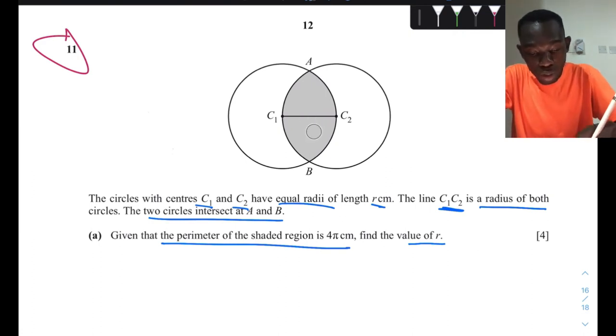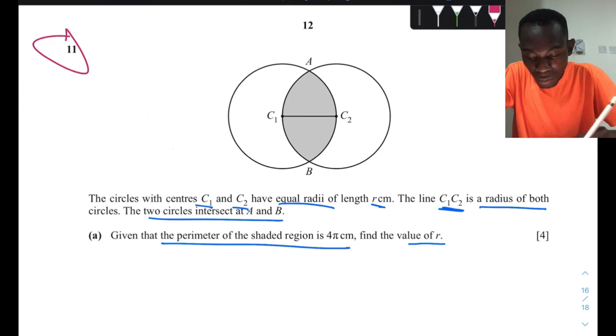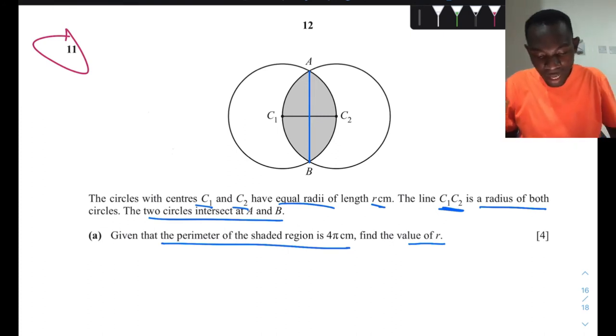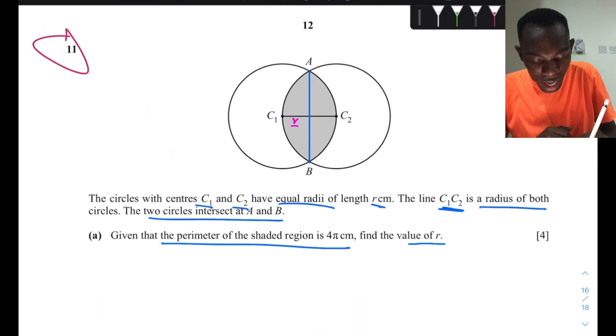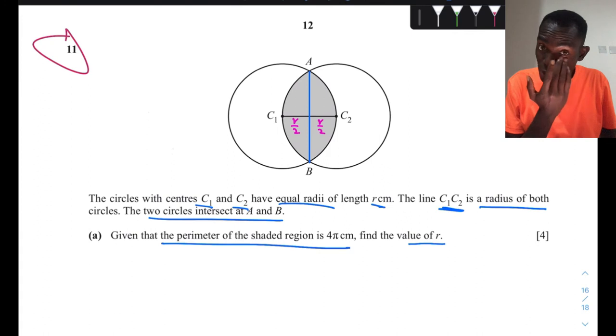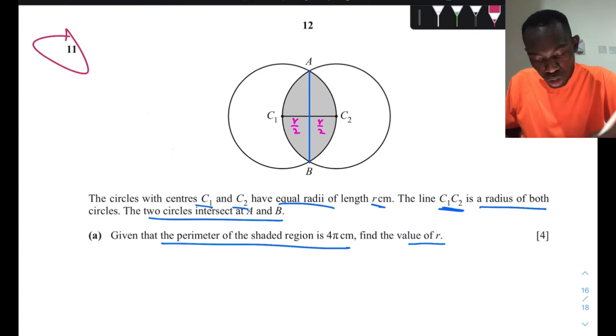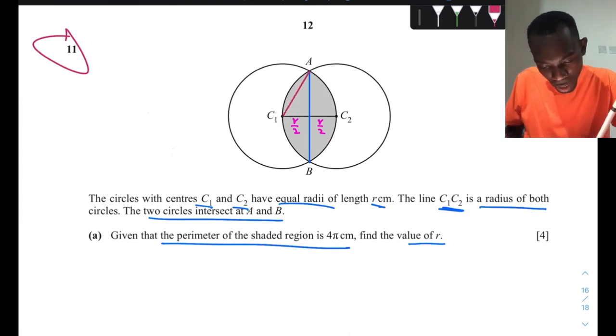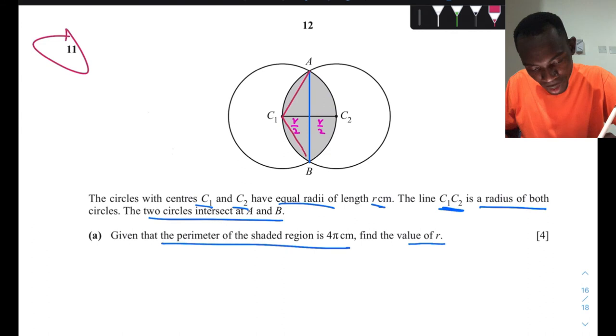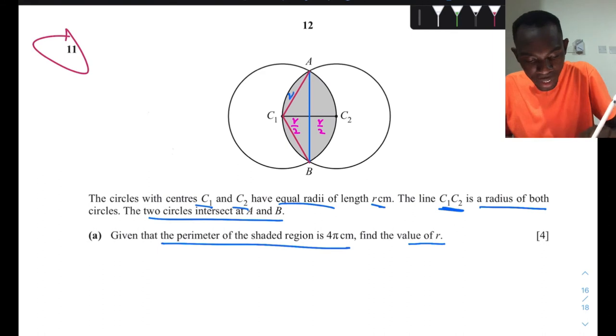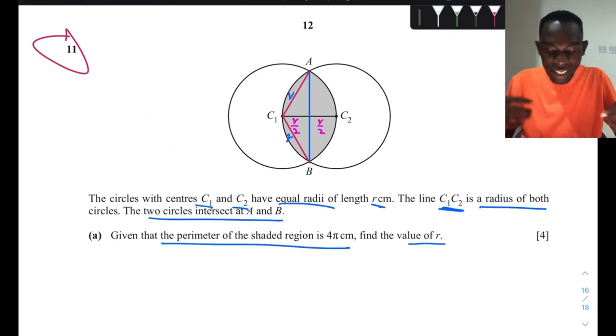Now the first thing I want you to do is to draw a line from A all the way to B. Then that means that this is half R and this is also half R, since C1, C2 is R. Then the next thing I want you to do is to draw a line from A to C1 and then from C1 to B. Now these are also going to be R because that is the radius.